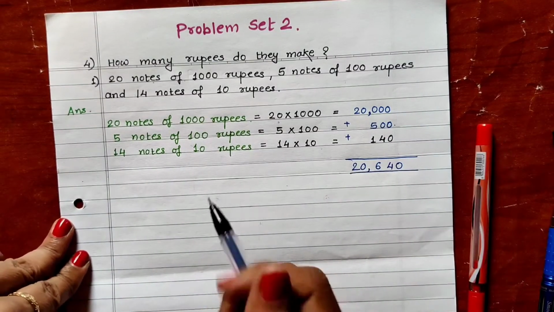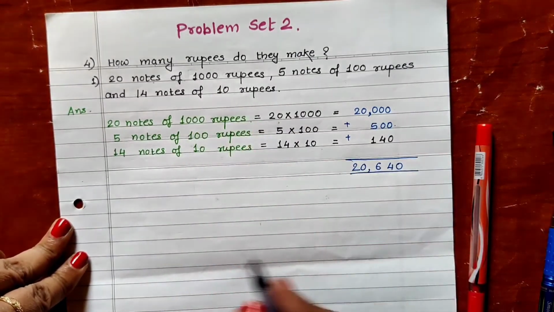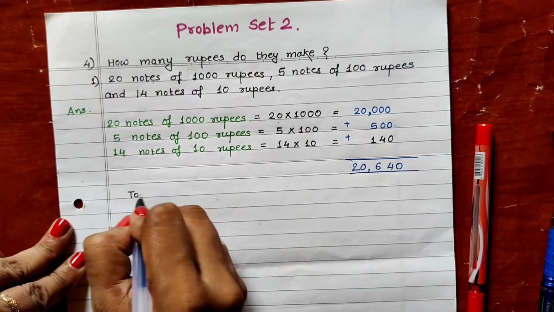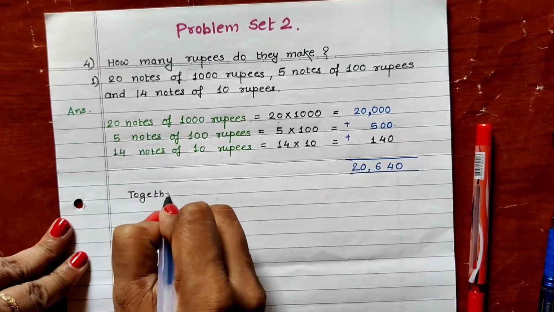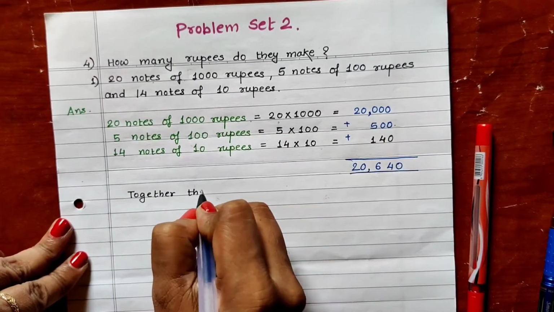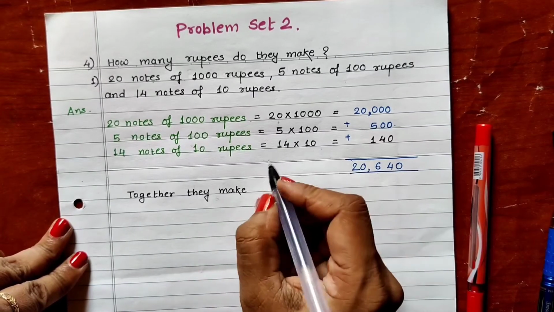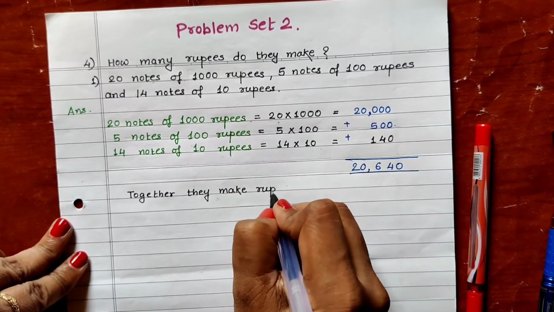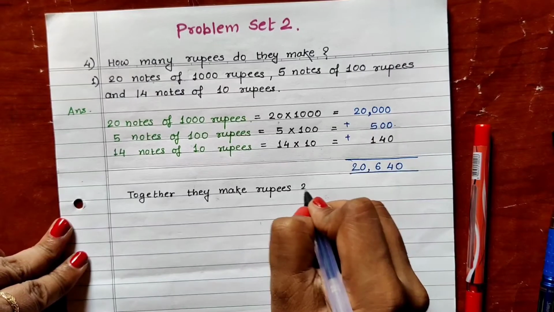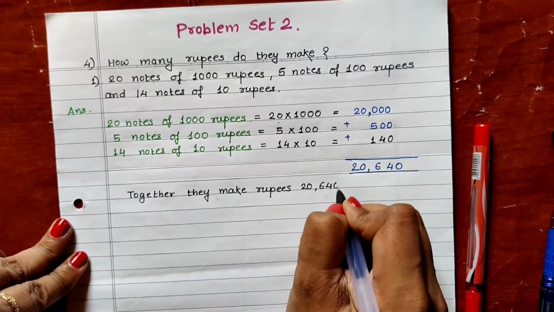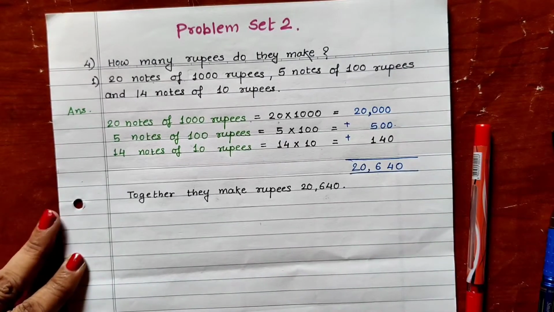So together they make 20,640 rupees. Okay, now let us go on to the second question from this sum.